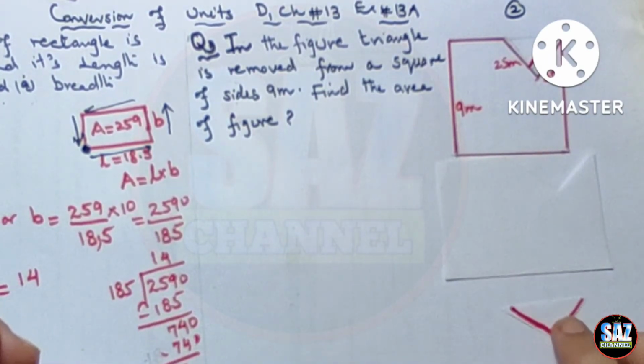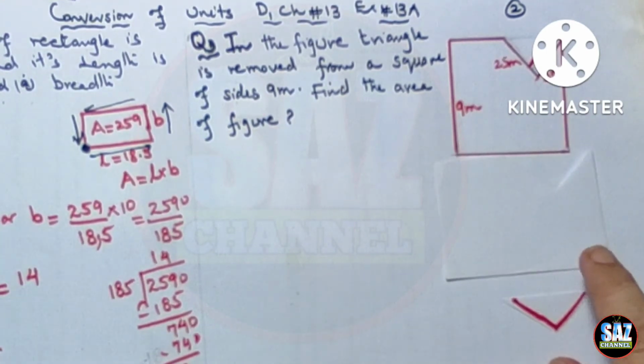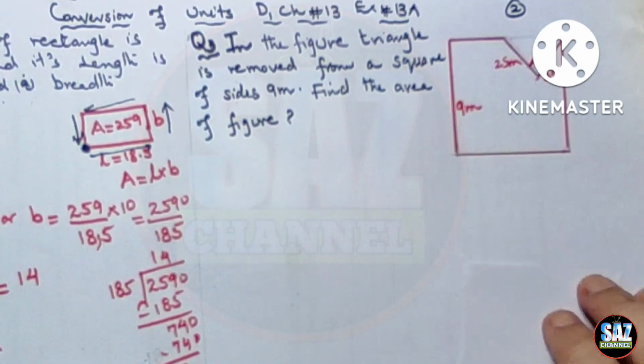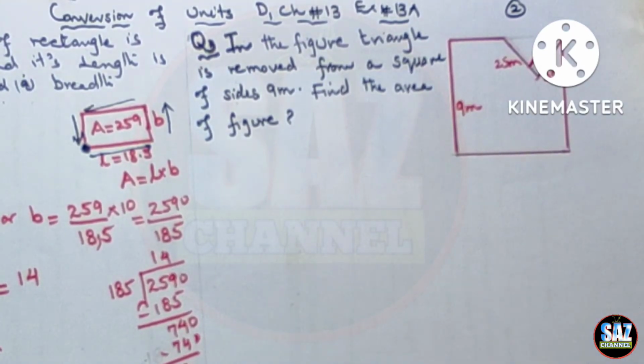This is removed. So for removing or cutting, what mathematical concept do we have to apply? We have to subtract the area of the triangle from the area of the square. I hope you are clear about this. And now the second thing is that we should have a clear idea of the formulas of different geometrical shapes.